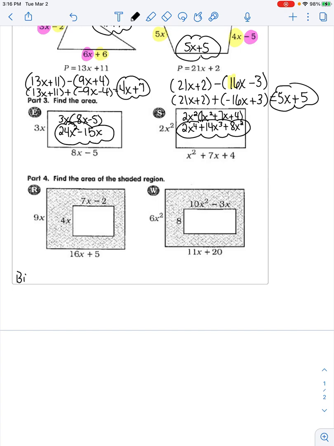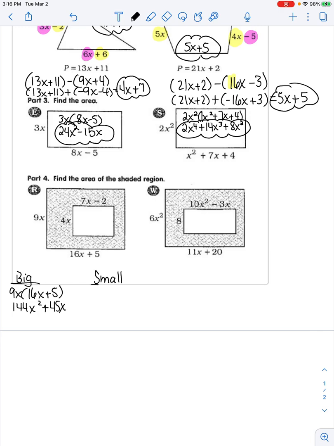So we're going to say 9x times 16x plus 5. So when we do 9x times, 9 times 16 is going to give us 144x squared, and 9x times 5 is going to give us 45x. So that's our area of the bigger rectangle.